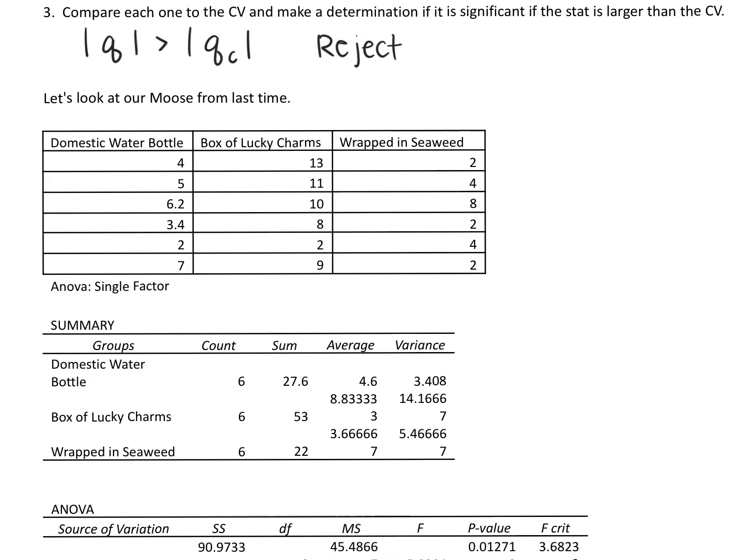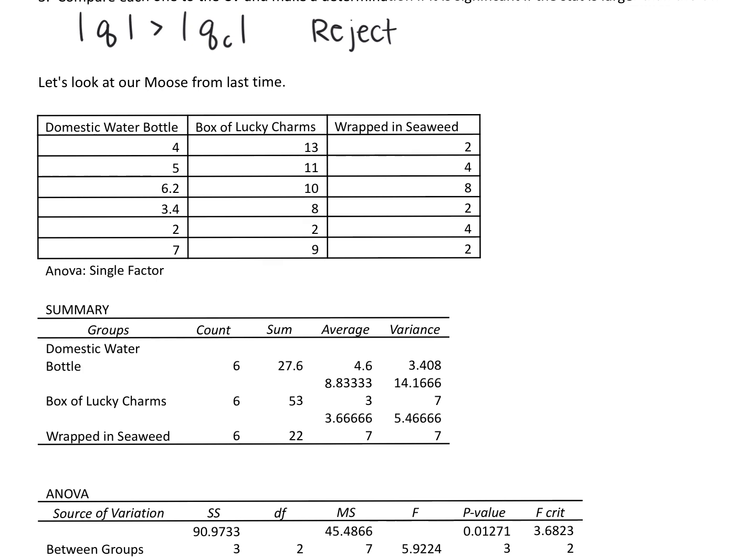The example we're going to use is the moose example from our last section of notes. So just kind of to review, we had the amount of time that the moose spent with its feeding items, and when we perform the ANOVA test, we have each of our averages, which are 4.6, 8.83, and 3.67.